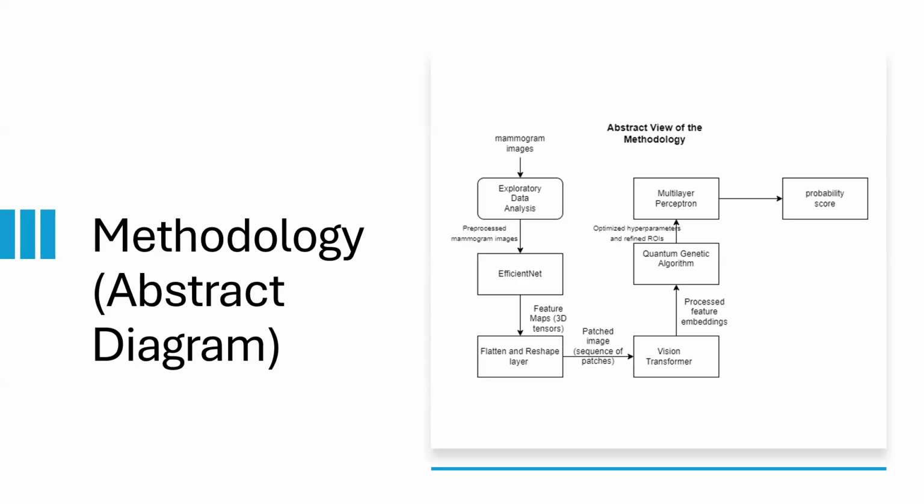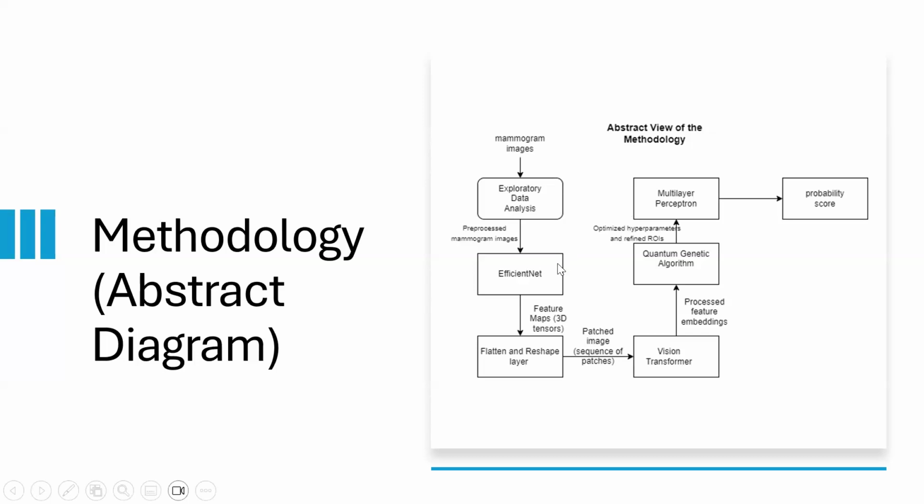We had to check for class imbalance, then do some data augmentation to oversample the minority class to be equal to the majority class. We had to do some denoising, cropping to remove artifacts, and increase brightness, contrast, and all that in the EDA. After the EDA, we output pre-processed mammogram images which enter EfficientNet.